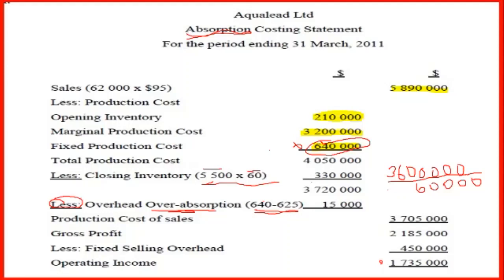From that, we take the sales and we get our gross profit, and we less the fixed selling overhead. If we had any variable selling overhead, we take it off here as well. We get our operating income of 1735. Okay, so recall where I got this figure from. All right, so when you are working it out, put in the correct figure here and see what it comes down to.